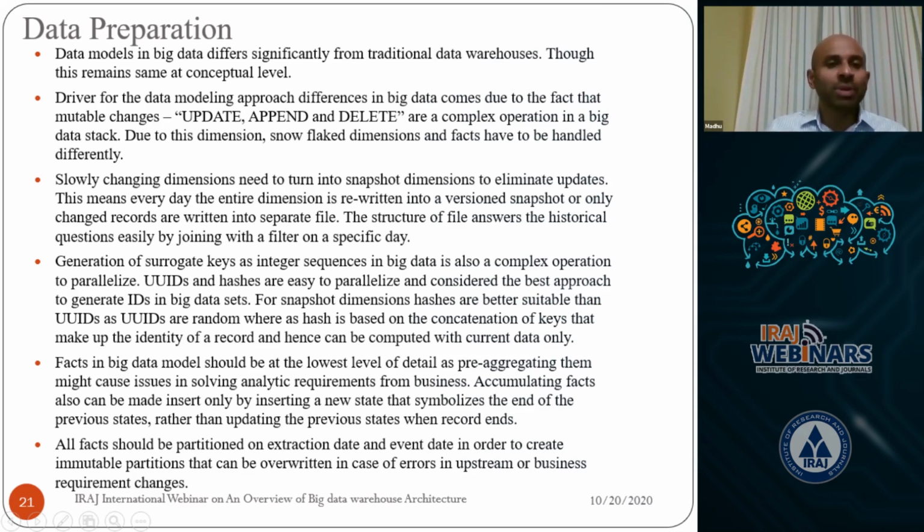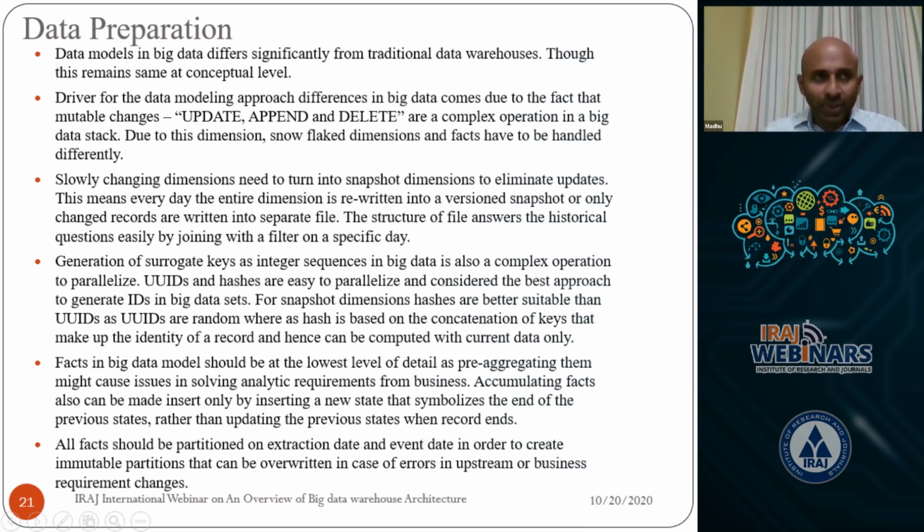That was the reason it came into the picture. But ideally speaking, in the big data world, the concept of volume and speed is very relative because you have extremely high speed and you can store any amount of data. So the concept of mutable changes needs to be tweaked in the big data warehouse.